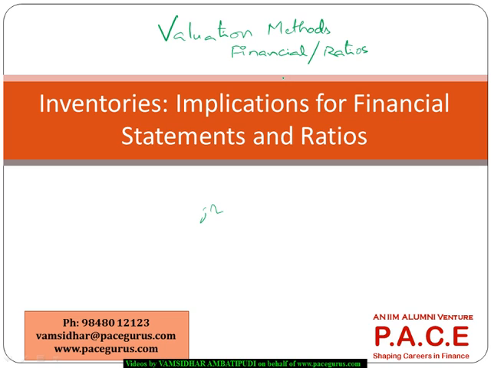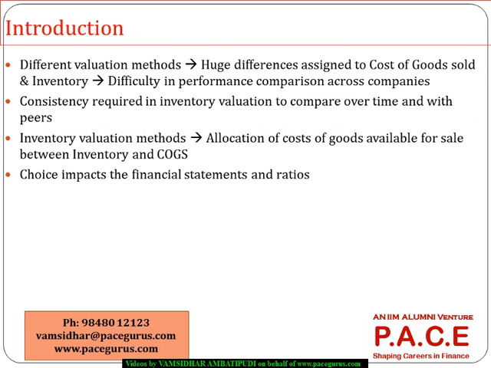So from that dimension, let's look at the perspective of inventories, what an analyst should be considering while valuing inventories or while looking at the financial statement from the perspective of inventories. Now, as we all know, inventories have different valuation mechanisms, right?